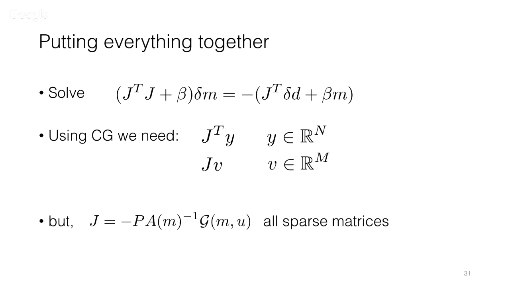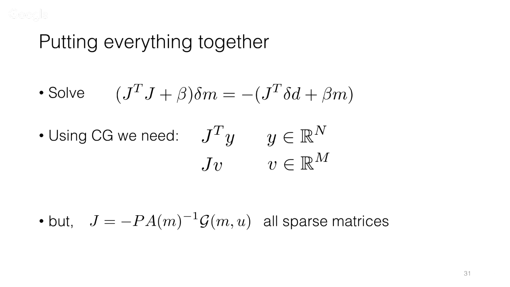We're going to use a conjugate gradient algorithm. Basically, in order to solve this system, we're going to multiply this matrix here onto the right-hand side. So this is just a vector, and then we need to multiply this quantity here onto a vector.